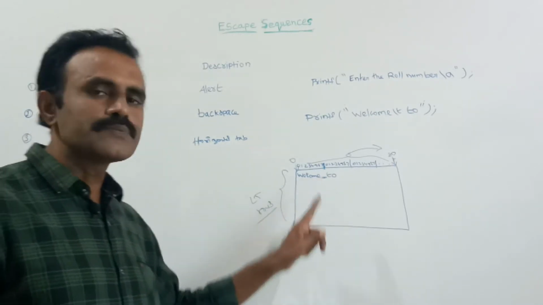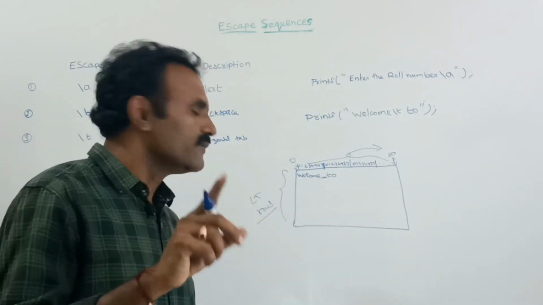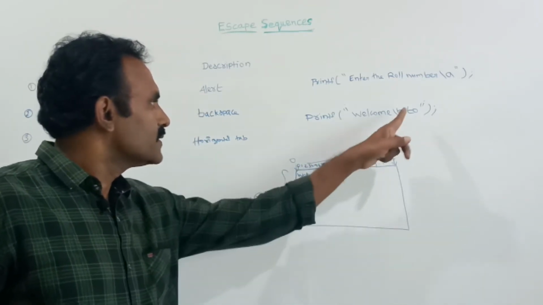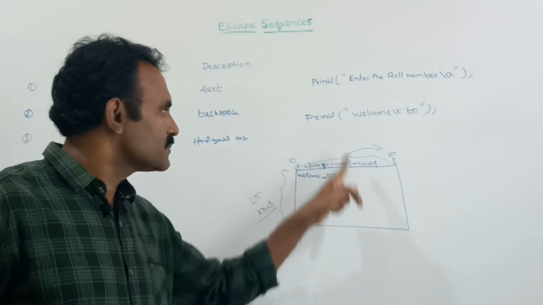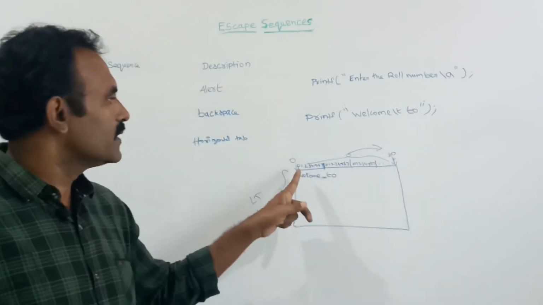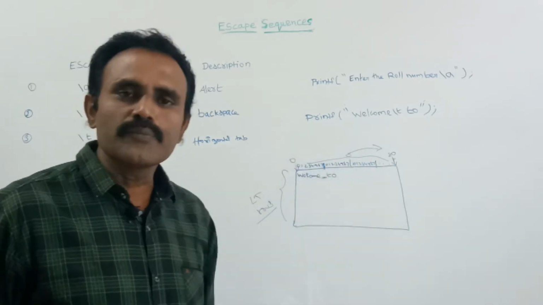Only 1 space is left because, as I already told you, this slash t always splits the columns, 80 columns, into 10 parts.